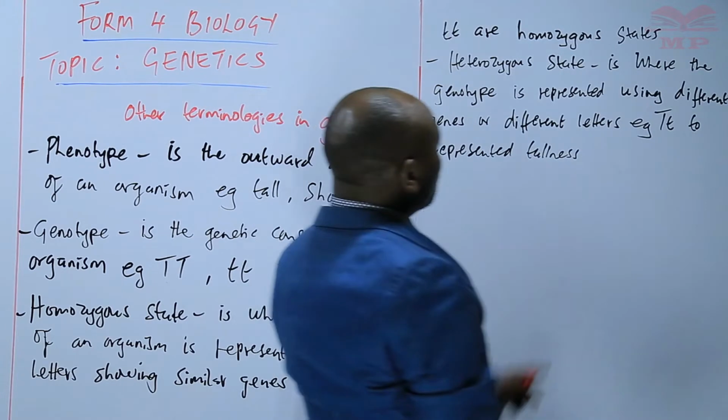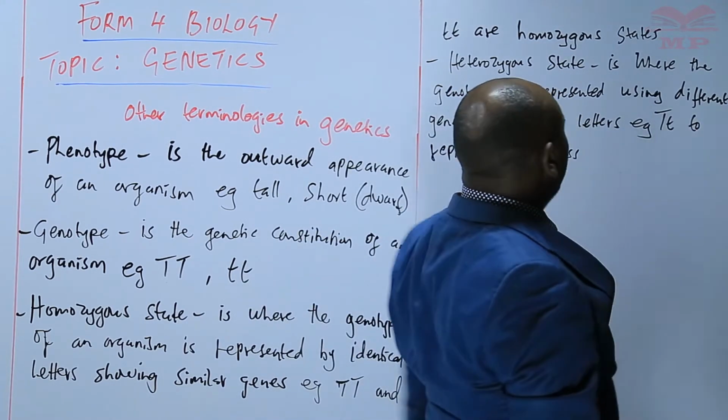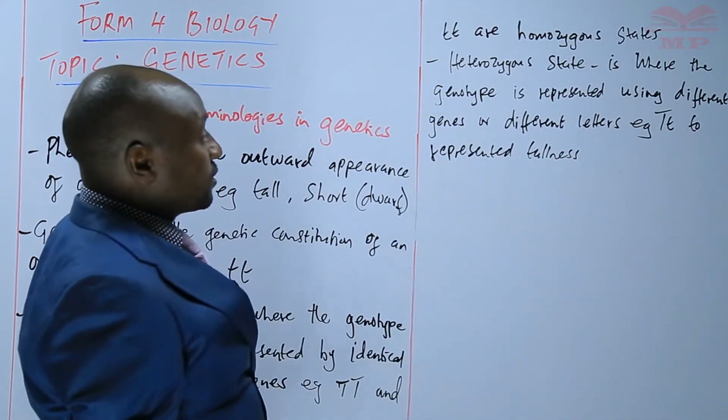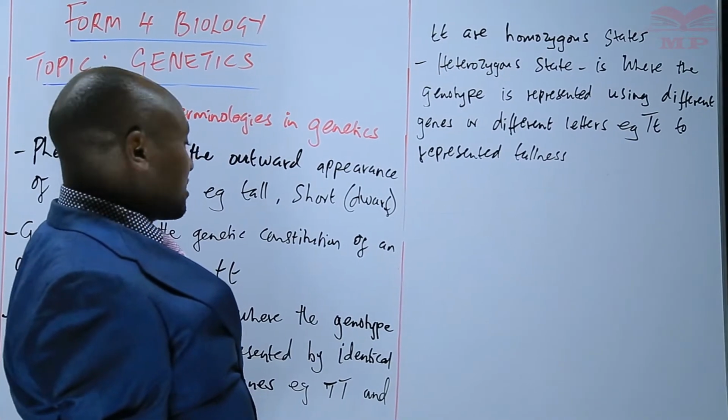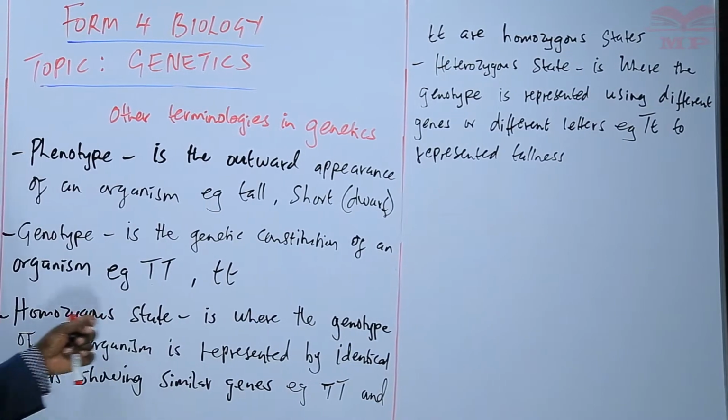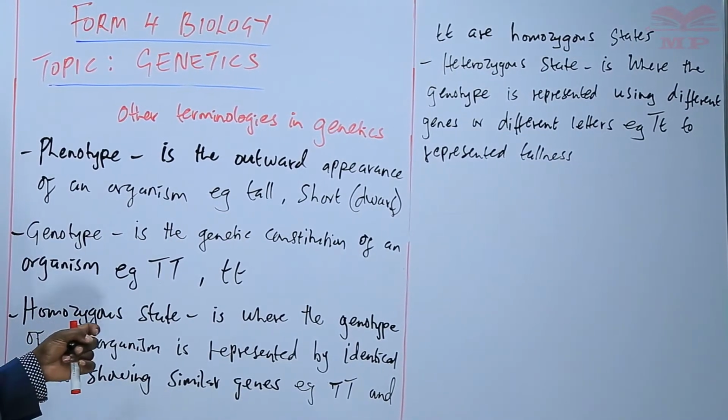So whereby the two genes are different, we refer to that as being heterozygous. Where the two are similar, we refer to that as being homozygous.